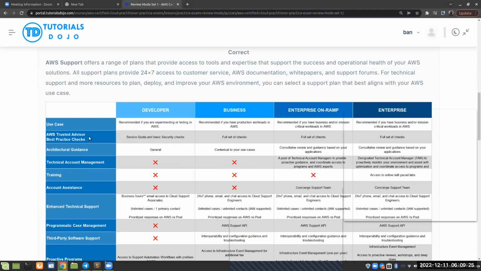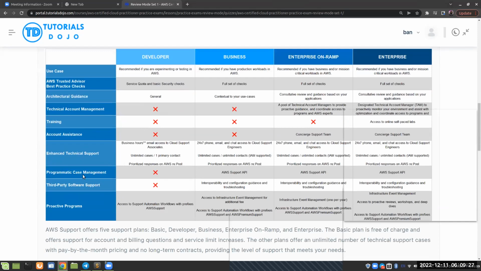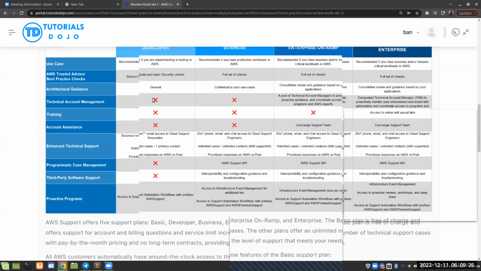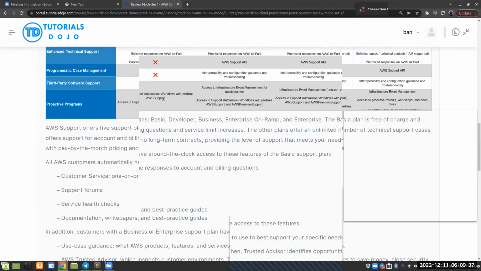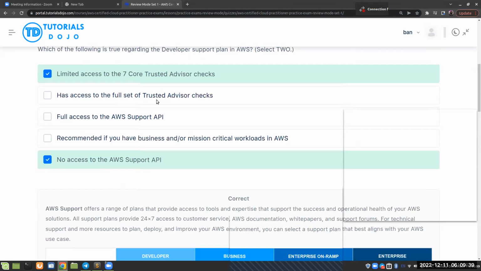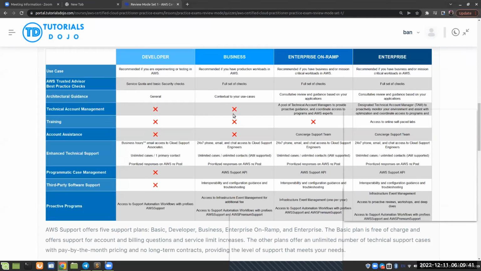And then API support, this programmatic case management, there is none at all, but it starts from the business plan. So it's just to master this table, as we've emphasized.